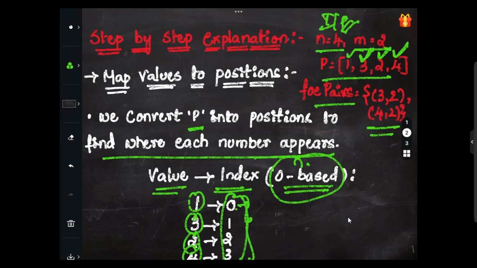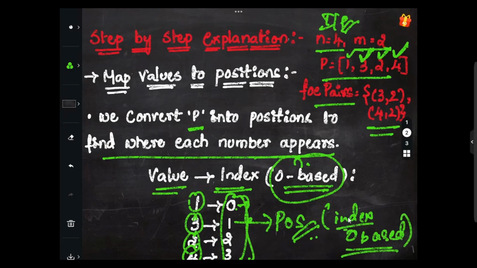We are mapping the values to the position, and position is nothing but index, with 0 based indexing. So 1 we have mapped to 0, 3 to 1, 2 to 2, and 4 to 3.